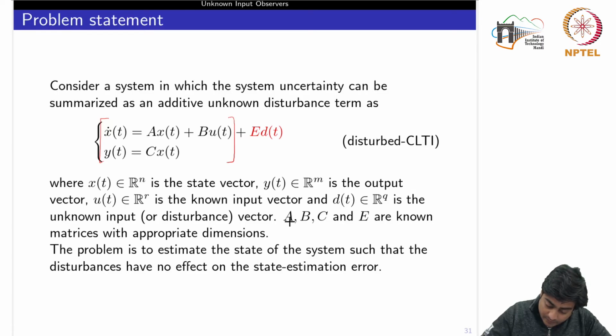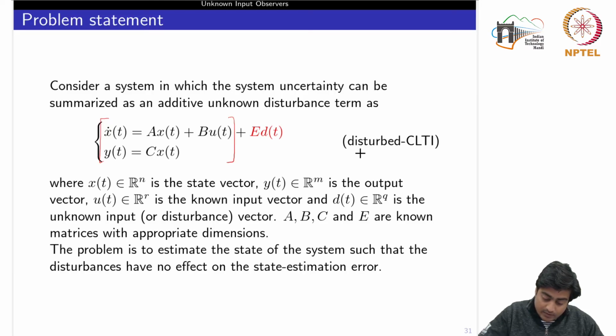But we have the information of the matrices A, B, C, E, which are known to us, having appropriate dimensions. So here the problem we want to solve is to have the estimate of the state of the system such that the disturbances have no effect on the state estimation either.